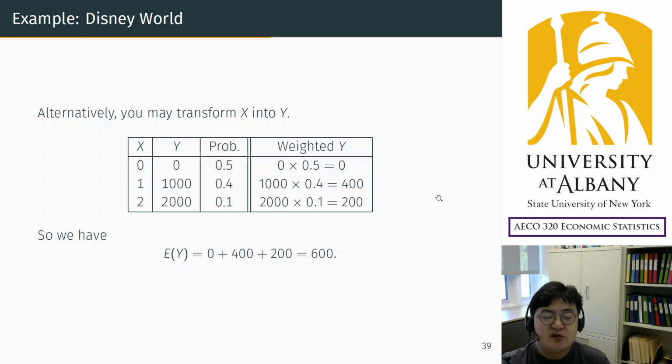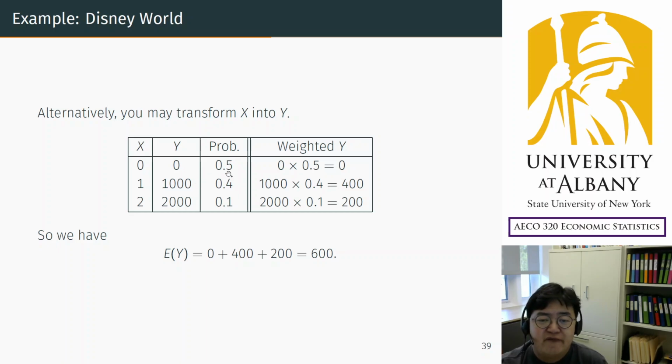Alternatively, a more fundamental way to handle this problem is to just do everything by yourself. So the original variable is x. I transform x into y by multiplying by 1,000, which is simple. And the probability distribution does not change. The probability distribution goes like this, the same as the original random variable.